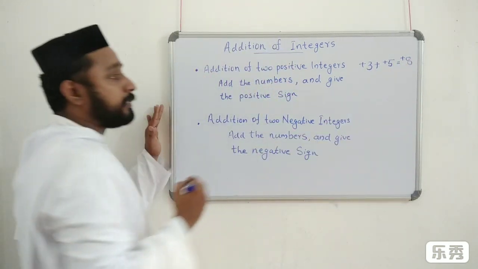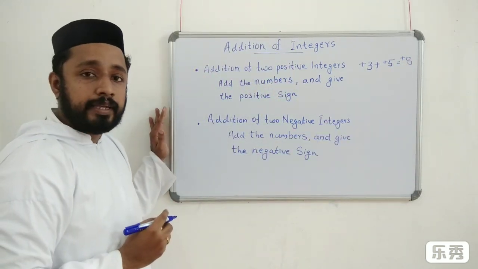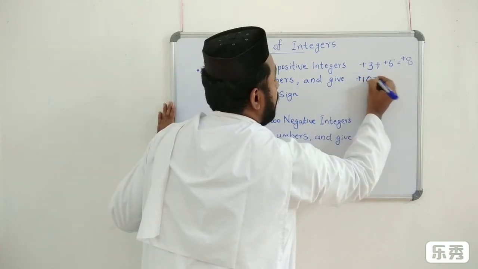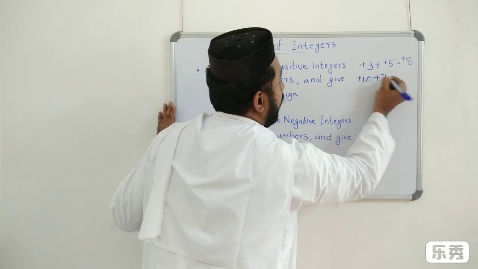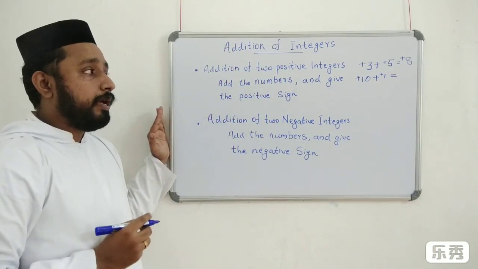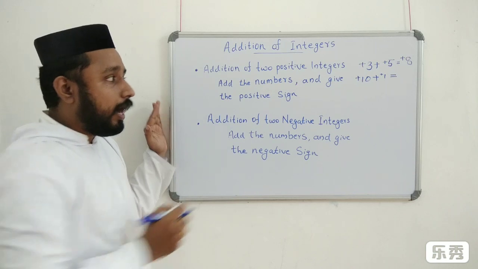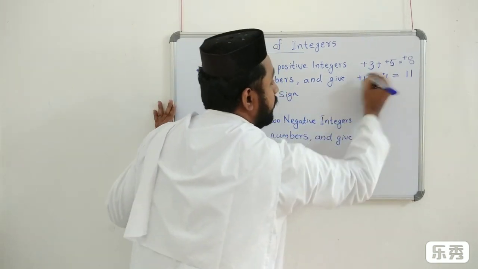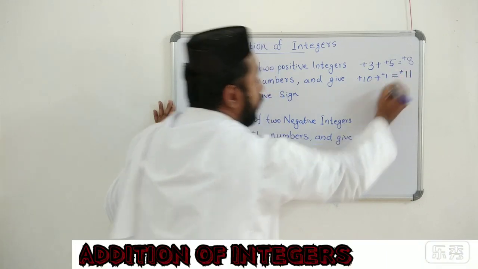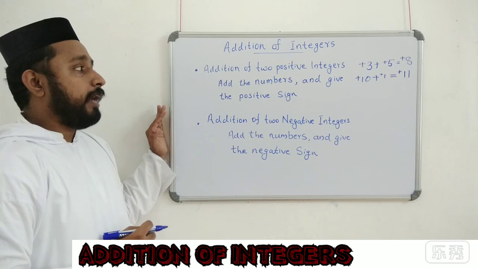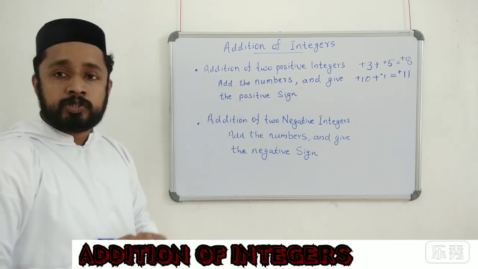So, plus 3 plus 5 is equal to 8. Another example is plus 10 plus 1, which is equal to adding the numbers 10 plus 1, 11, and give the positive sign. So, to add two positive integers, we add the numbers and give the positive sign.